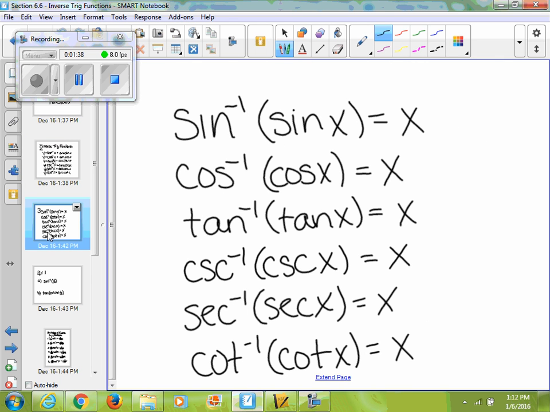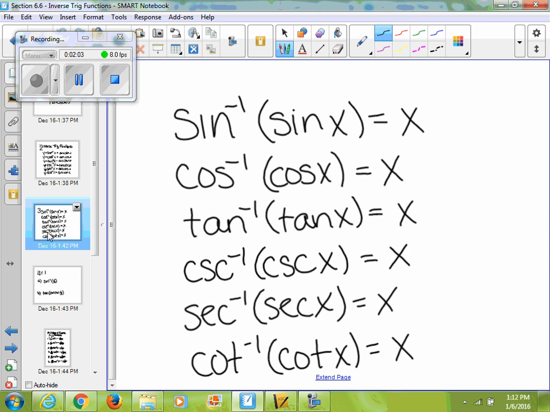Okay, and then because these are inverse functions of our trig functions, when we combine them, our inverse functions and our regular functions, they will cancel out. So the inverse sine of sine of x just cancels the inverse and the sine, and you're left with just x.